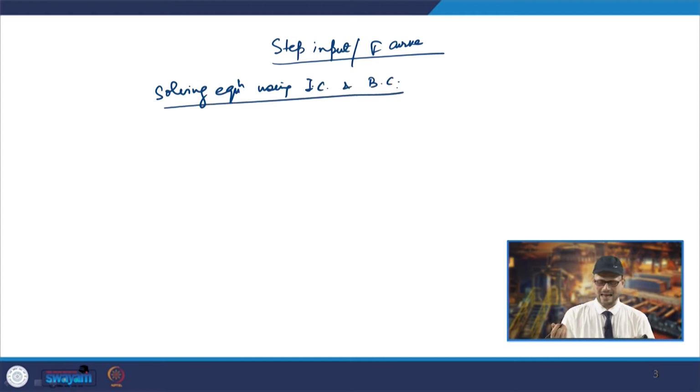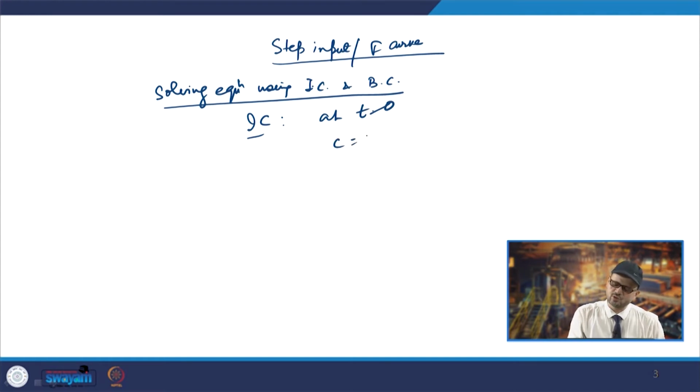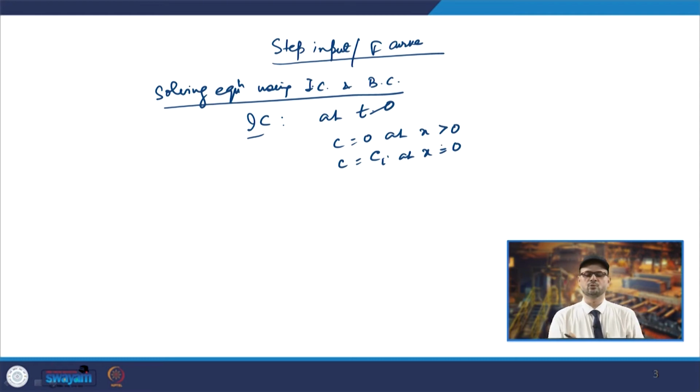The initial conditions are like at t equal to 0, you will have C equal to 0 at x more than 0, and you will have C equal to C I at x equal to 0, because you are putting the tracer there.